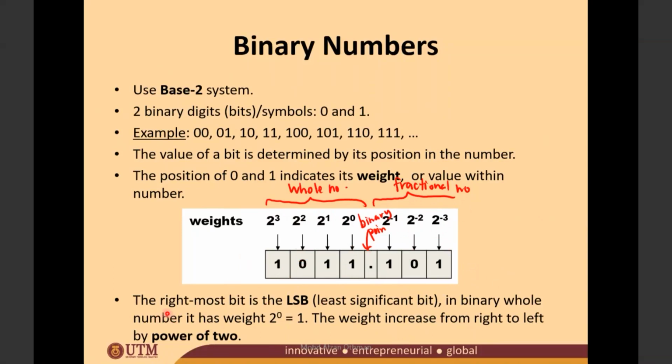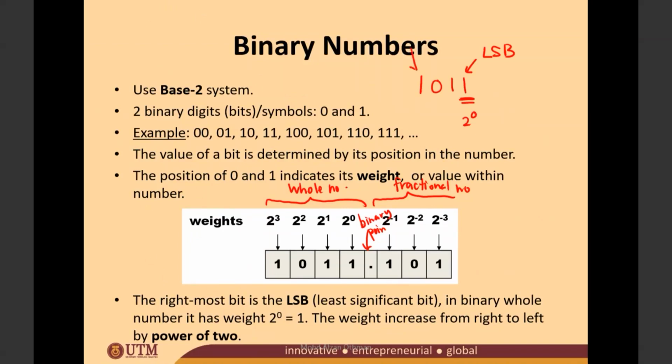Okay, so the rightmost bit is LSB. Okay, kalau contohnya kamu ada 1011, saya tak ambil kira yang dia punya binary point ya. Okay, bit yang ni, kita panggil dia sebagai least significant bit. Least significant bit, dia punya weightage started with 2 power of 0.